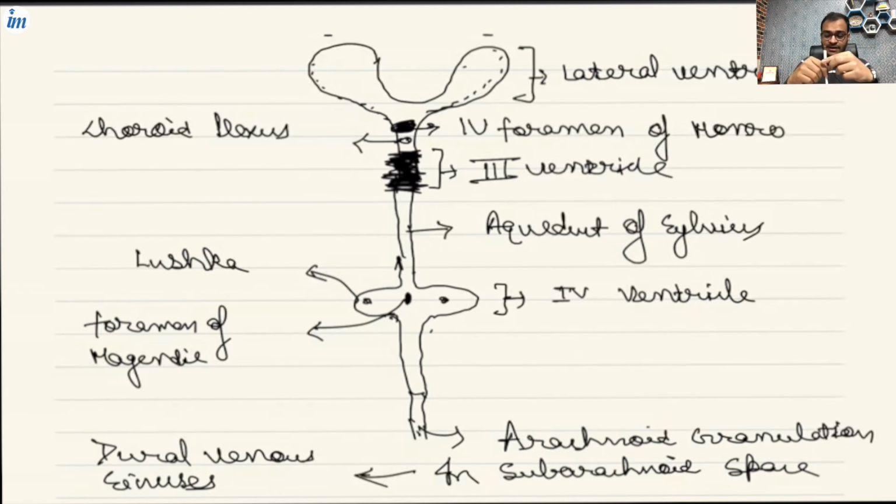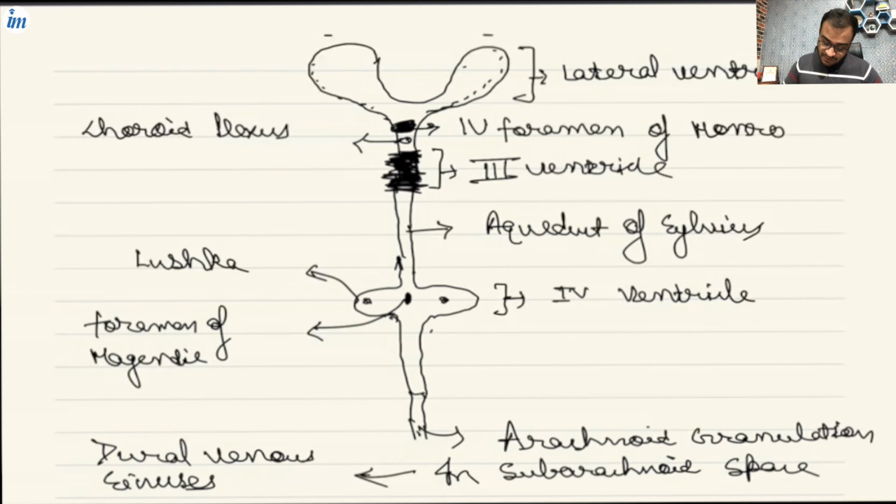From the third ventricle, it goes to the cerebral aqueduct, or aqueduct of Sylvius, to the fourth ventricle. From the fourth ventricle, on the roof, we have two foramina: the median foramen, foramen of Magendie, and two lateral foramina of Luschka. From there, the CSF goes to the subarachnoid space, gets absorbed by the arachnoid granulations, goes to the dural venous sinuses, and at the last goes to the venous system of our body.